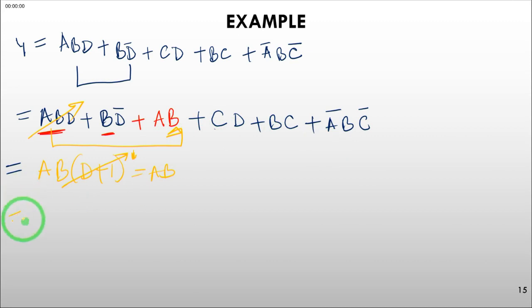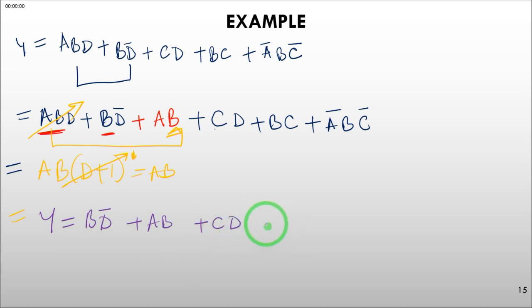So we are left with Y equals B D bar or AB or CD or BC or A bar B C bar.